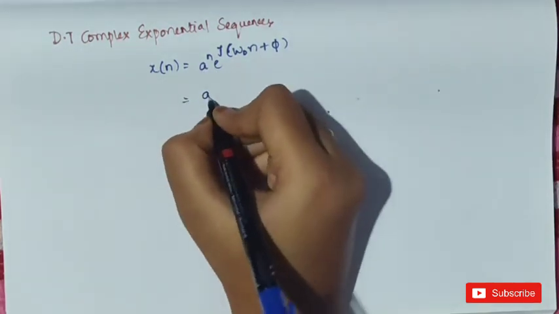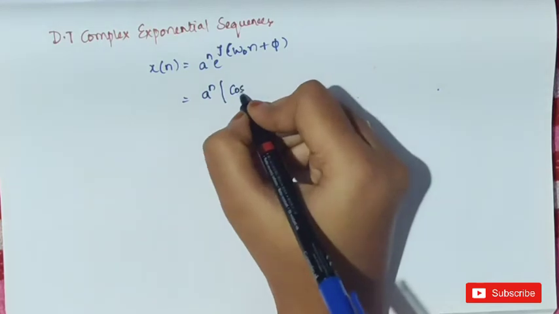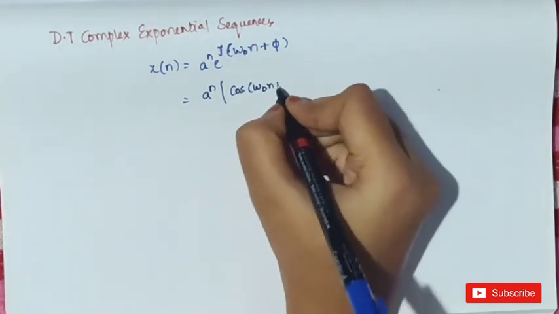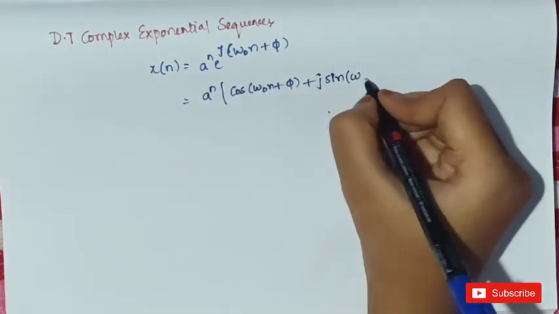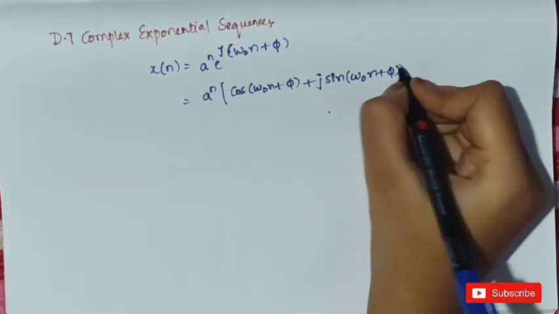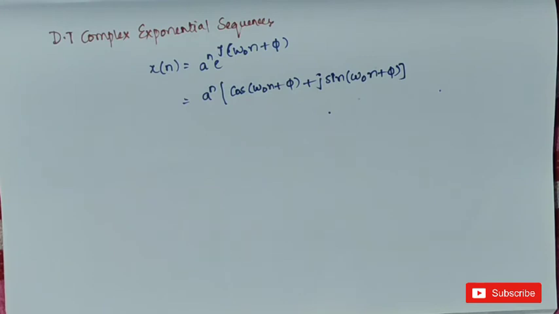It can also be written as a power n into (cos (omega naught n plus phi) plus j sin (omega naught n plus phi)), since e power j theta is cos theta plus j sin theta.